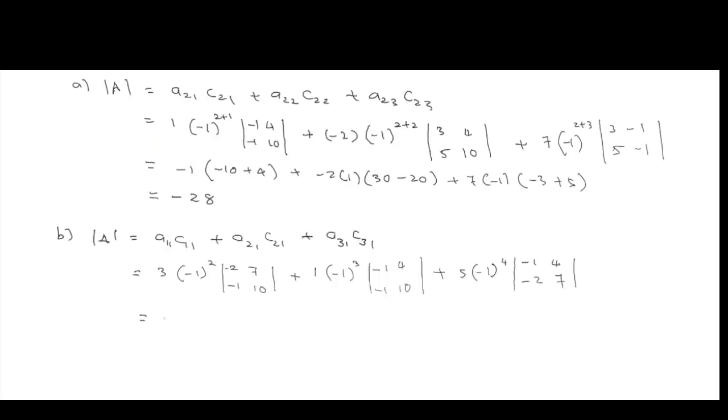Simplify it, we will have 3 times 1 times negative 20 plus 7, plus 1 times negative 1 times negative 10 plus 4, plus 5 times 1 times negative 7 plus 8. It is equal to negative 28.